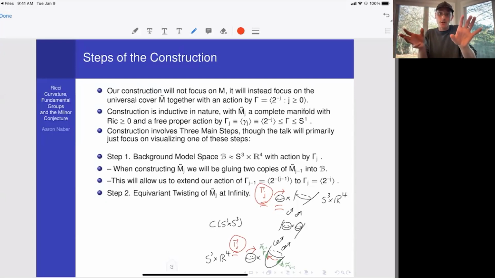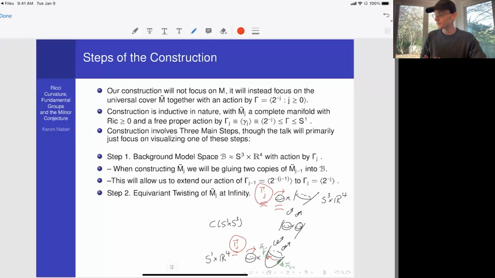R4 has a natural Hopf action on it where you rotate the S3 spheres inside of it. So these actions here are all going to be actions that rotate both factors by the Hopf action at some speed or another. Down at the bottom here, we're rotating the first S3, not so bad. We're rotating the R4 very, very fast. When we get to the top, we're only rotating the S3 action.